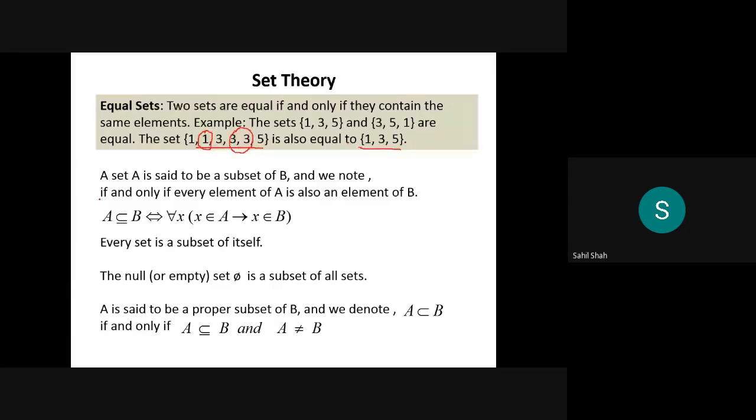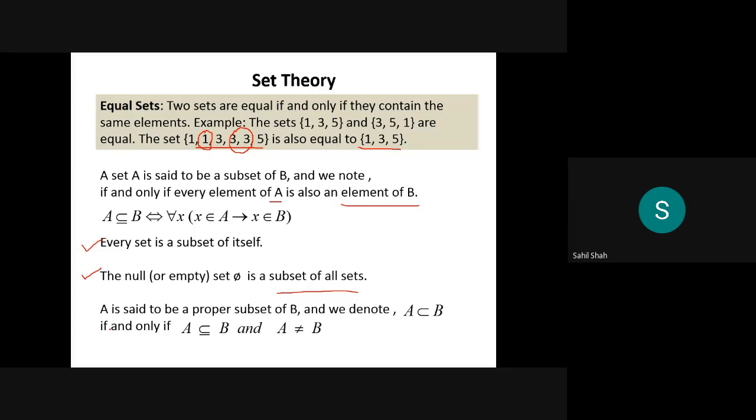How to define this? Next is subset. A set A is said to be a subset of B if every element of A is also contained in B. These two properties: every set is a subset of itself. The null set or empty set is a subset of all sets.